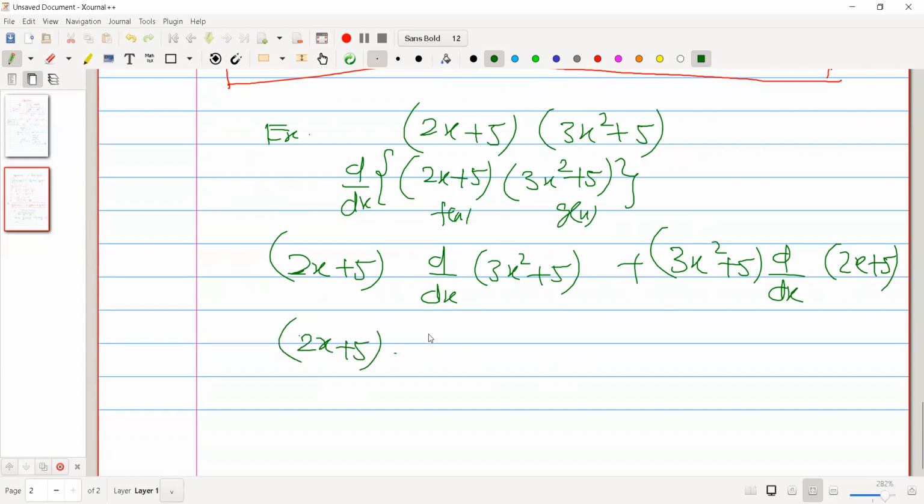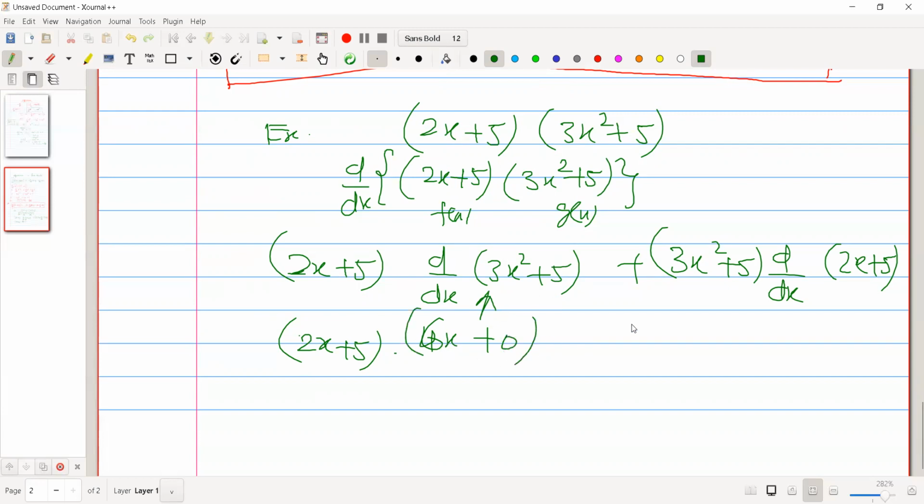So (2x plus 5) into 6x. You know, 6x plus 5 is my constant term. Here we can operate like this: my first function plus this function, you know this is my linear operator. You can operate on this separately, and you will get the differentiation 6x plus 0, since the derivative of 5 is 0.